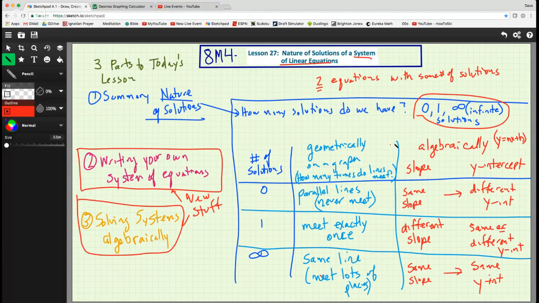On your problem set, there are a few equations where they may be parallel lines or the same line. But most of them have this quality: they meet exactly once. So if you get something weird in your solving, like 0 equals 5, or you don't get x equals a certain number or y equals a certain number, you probably have one of these answers.